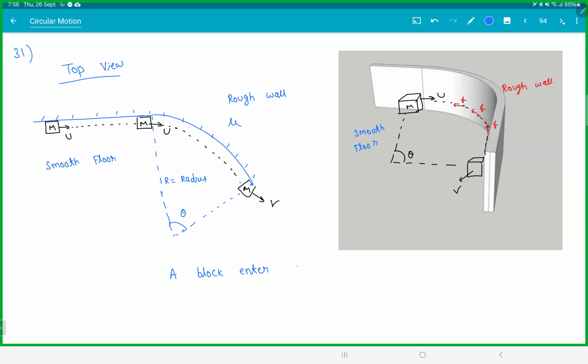A block enters a curve with speed u and then slides on a rough wall. Because you're dragging onto the rough wall, your speed will change. And comes out with v. Find v. Answer should be in terms of u, theta, r.